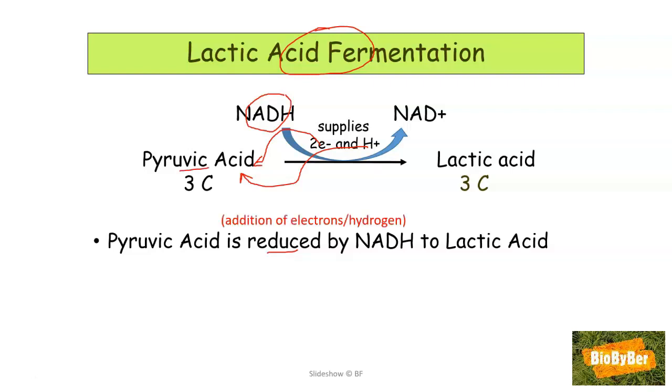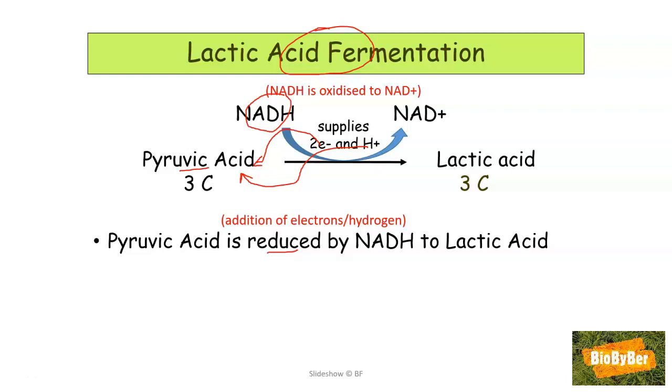Because don't forget, those of you able for a bit more, reduction is the addition of electrons or the addition of hydrogen. Now, because the pyruvic acid is reduced by NADH, the chemists amongst us will also understand that that means the NADH is oxidized, because oxidation is the loss of electrons or the loss of hydrogen.